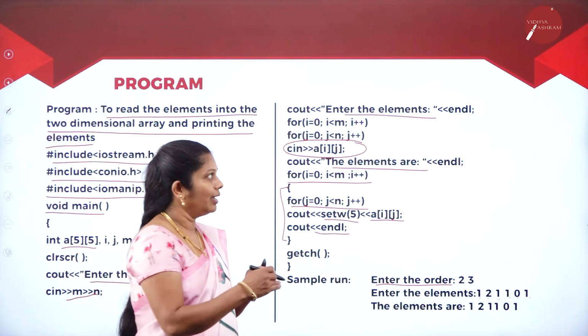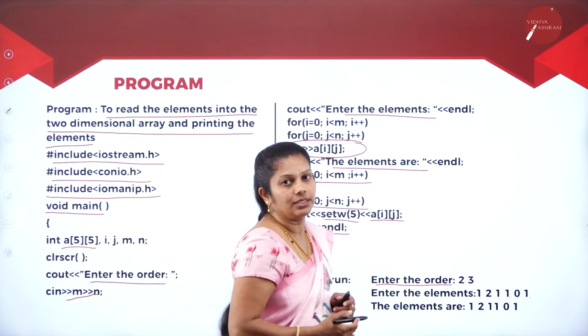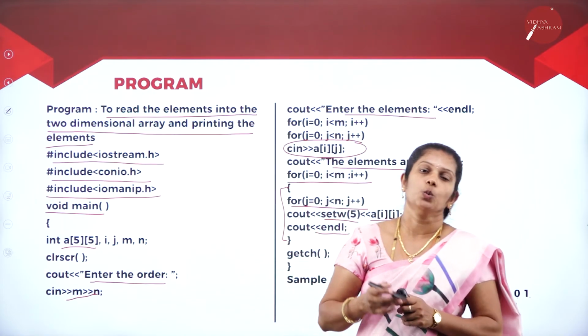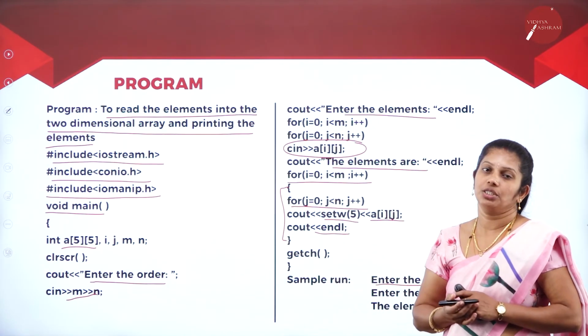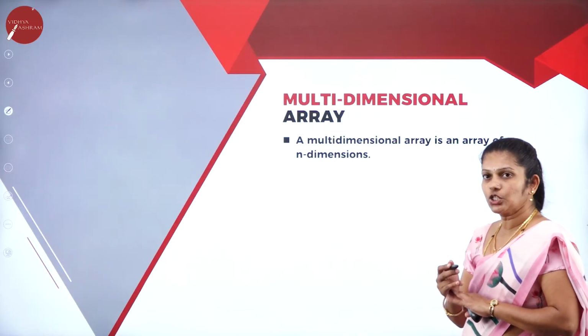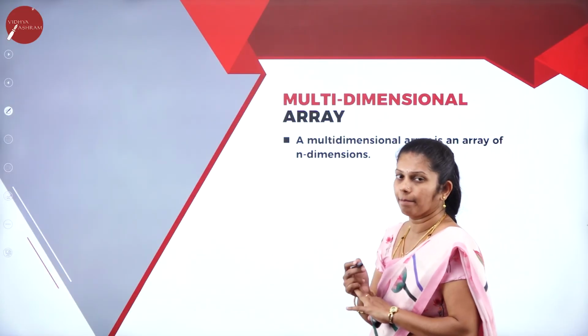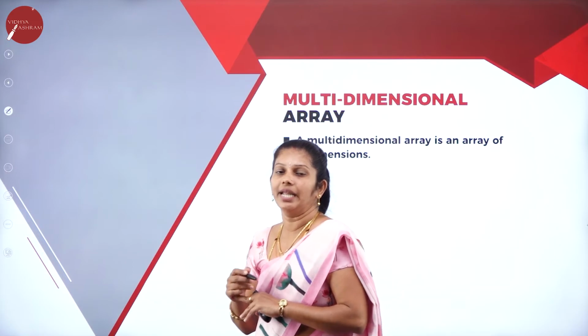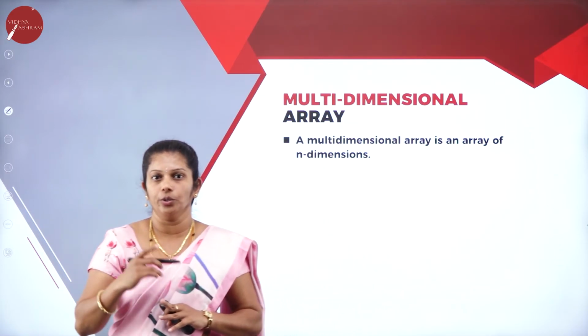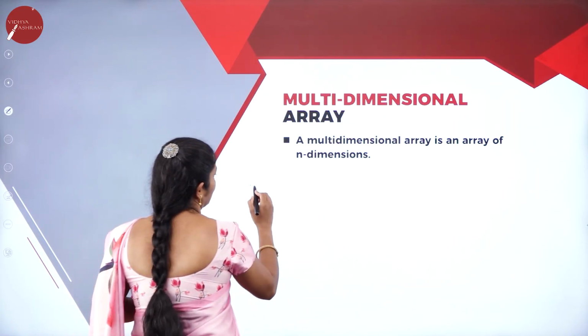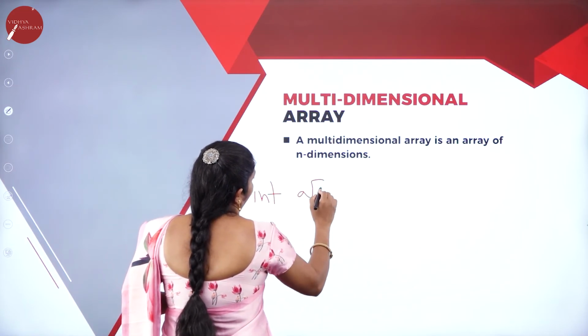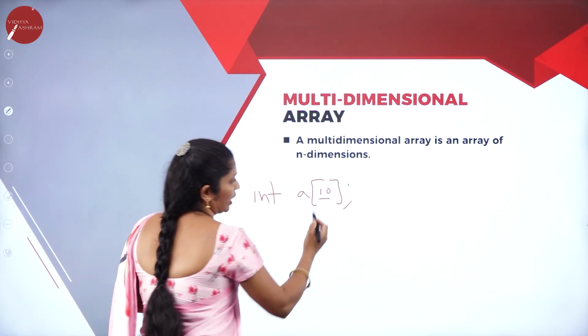Now, is it clear? Like this, we are able to read a 2-dimensional array as well as print 2-dimensional array elements. Now, the last one is the multi-dimensional array. What do you mean by multi-dimensional array? Already I told you, in a 1-dimensional array we have one subscript, int a[10].